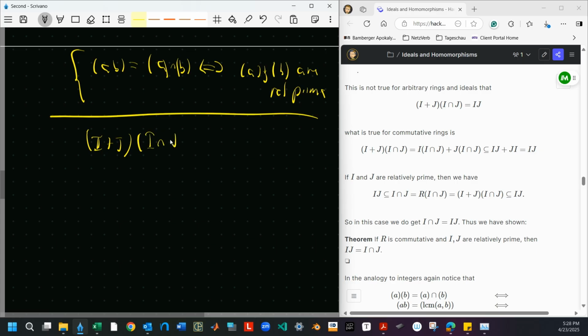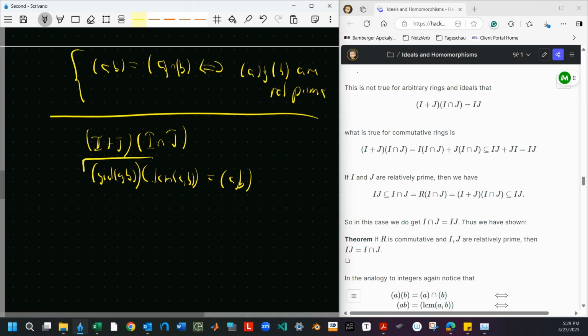Remember, looking at the stuff above, this would be the GCD, going back to our similarities with what we did above. This would be the LCM of A and B, and this would be AB in the integers.